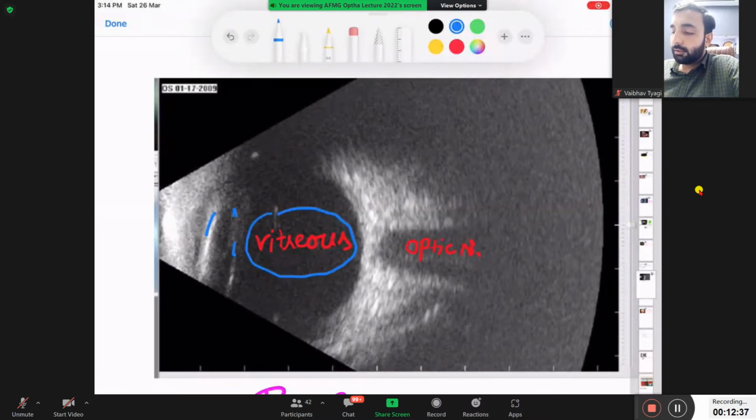Okay. This is your retina. Can you see this shadow? This one is your optic nerve. So roughly you can get an idea about retina in mature senile cataract patients, dense cataract or corneal opacity patients with the help of B-scan ultrasonography. Clear or not clear? Give me a thumbs up if it is clear.